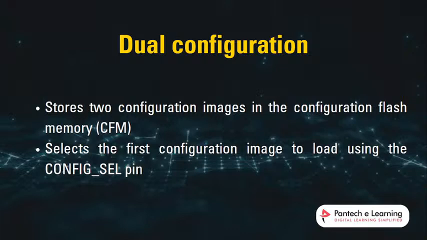The MAX10 FPGA has the CFM, configurable memory. If you want to dump the code in image 1 memory, you use the config sel pin. Every FPGA has a separate switch for that. By using the switch, we can dump the code on CFM1 or CFM2. It's like an image only.